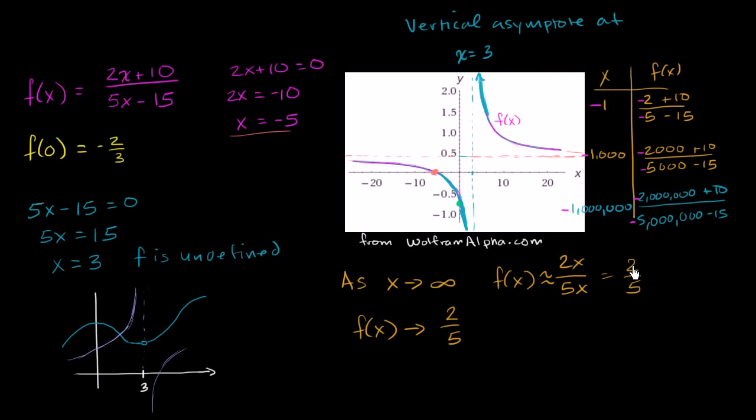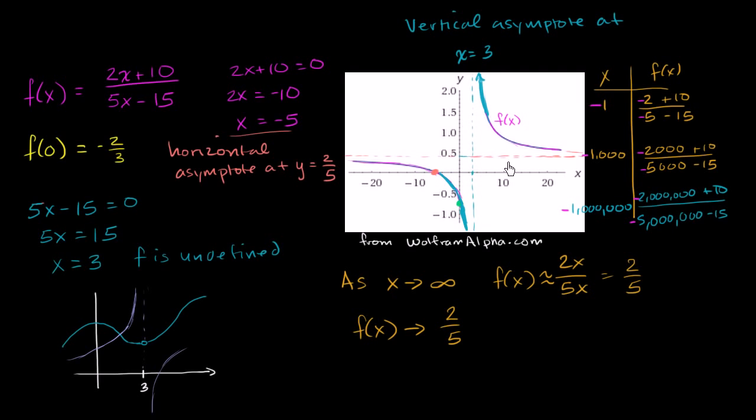Or you could say it's approaching -2 over -5, which is still 2/5. And you see that right over here. So we would say that this function has a horizontal asymptote at y equals, the horizontal line right over here, y is equal to 2/5.